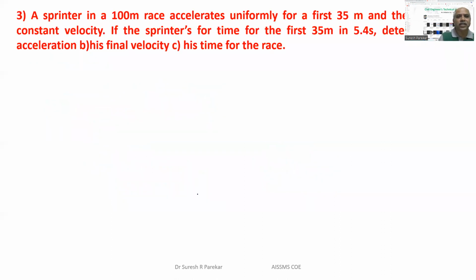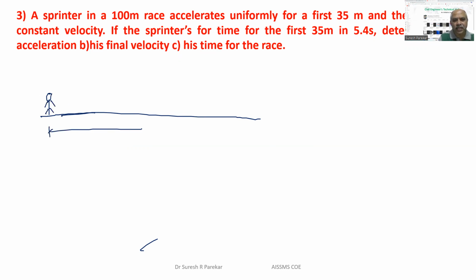So now we have a sprinter in a 100-meter race. I always mention, draw the diagram. A sprinter, 100-meter race, so it will travel distance 100 meters. So it will be here. And then start from rest, because it mentioned accelerates.